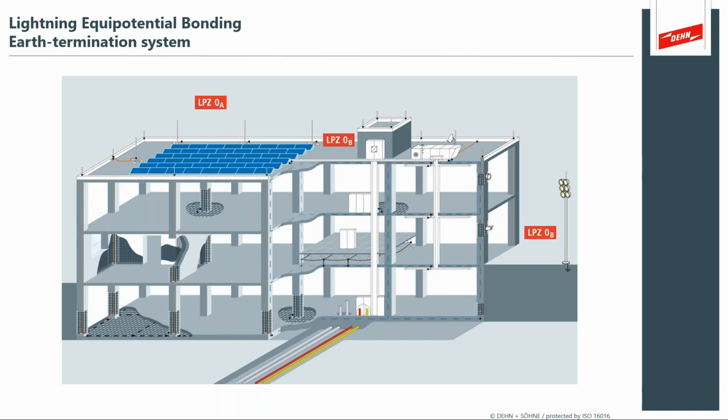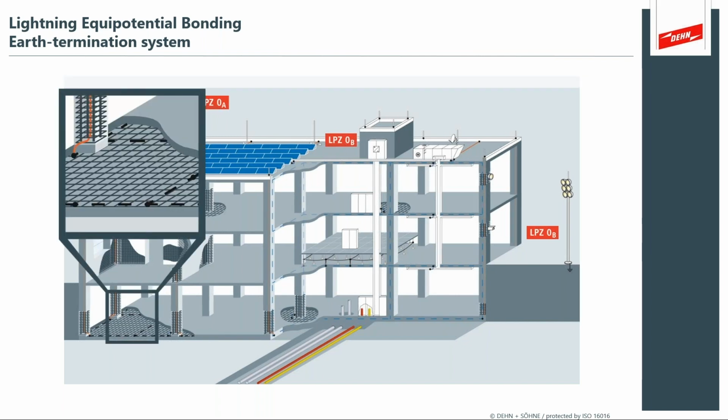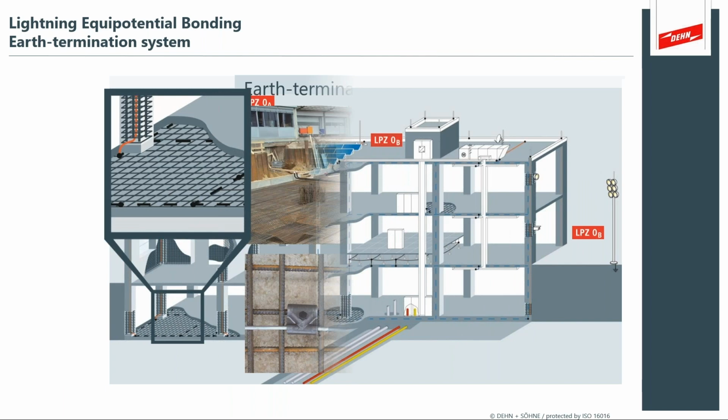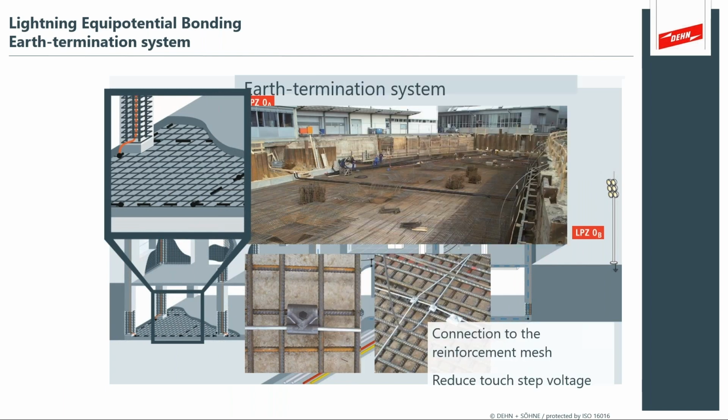provoke that. So what does the lightning equipotential bonding look like? Okay, so what we're talking about are the metallic bonded structures, all of that building steel, the rebar, the columns, the rebar in the columns, the rebar in each floor of a building, which is actually part of the lightning equipotential bonding.